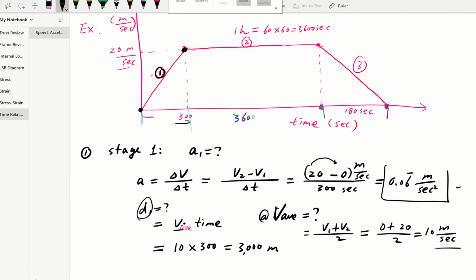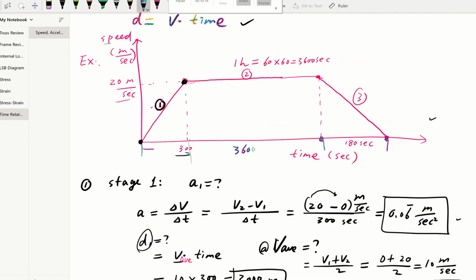And let's go ahead and break up those two answers, acceleration and distance. Here I would like to really pay attention to this graph. Because in calculus, you learned that if this is speed and this is time, the derivative of speed over time is going to give us acceleration, right?